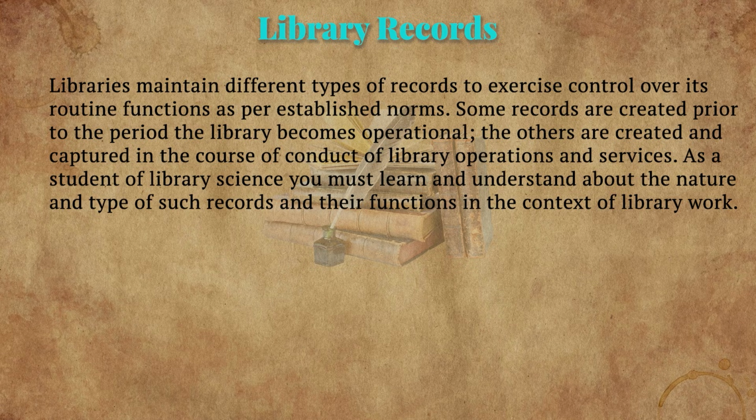As a student of library science, you must learn and understand the nature and type of such records and their functions in the context of library work. Means, some records we need to maintain before the library becomes operational, and some records on the basis of the library's operational mode.